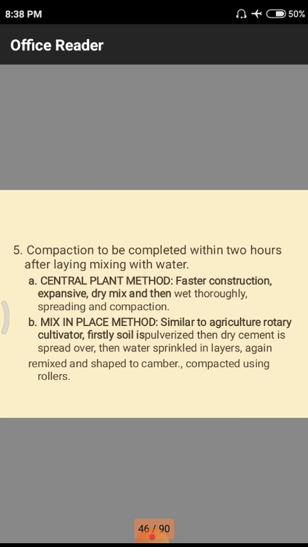Wet thoroughly means water is applied onto the top surface, then spreading and compaction take place.